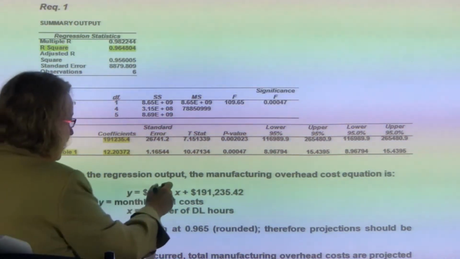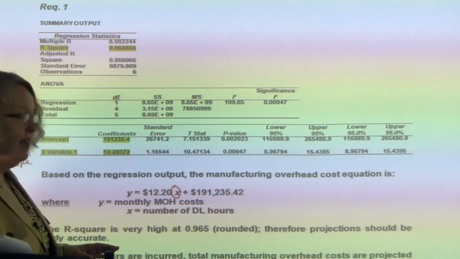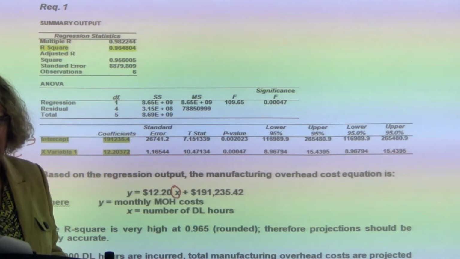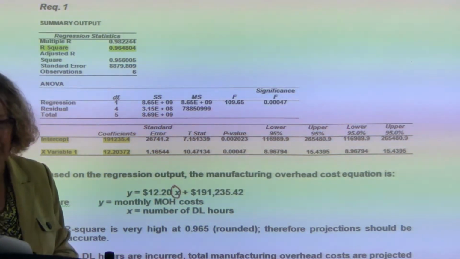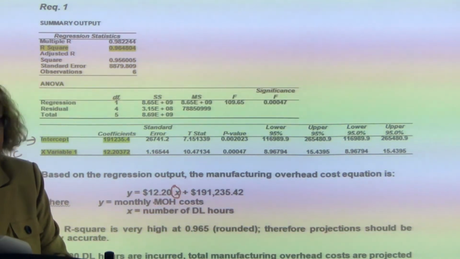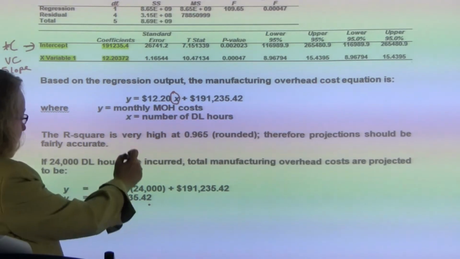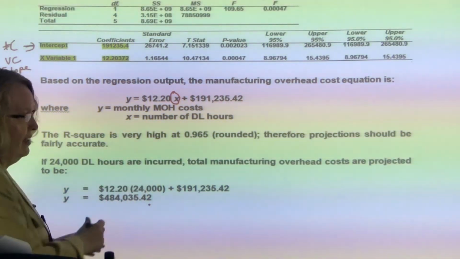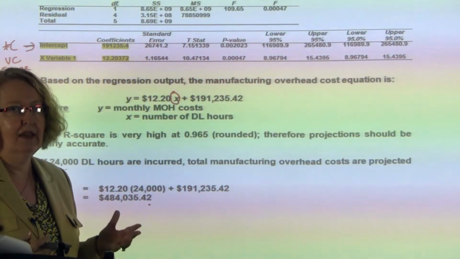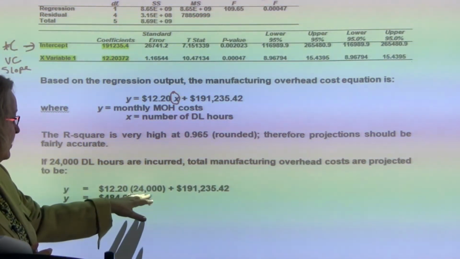What this allows you to do is substitute any volume in here, and you can then predict your total cost. When we insert our volume, in this case we're told to calculate what the cost would be if our volume was 24,000 units.